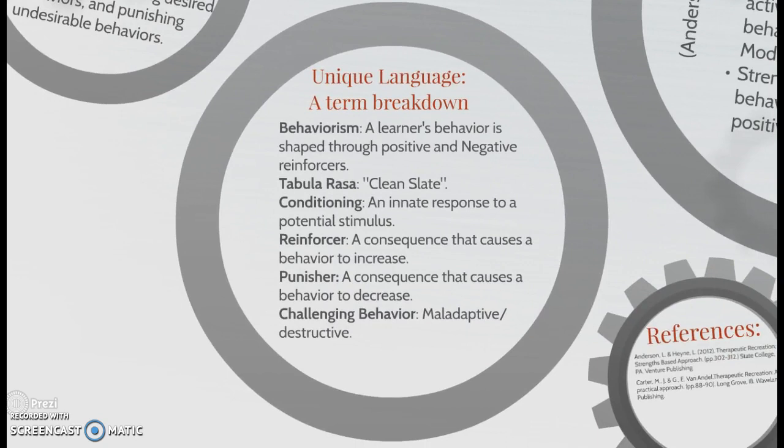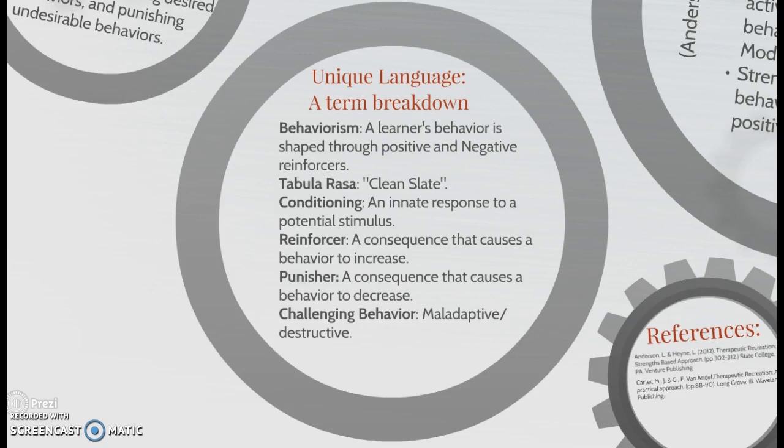So I came up with a quick breakdown of just a few of the unique terms, just so you can understand them. Behaviorism is when a learner's behavior is shaped through positive and negative reinforcers. That's what we're going to be talking about today. Tabula rasa will be something you may see, especially if you're in psychology, and it just means clean slate, starting over fresh.